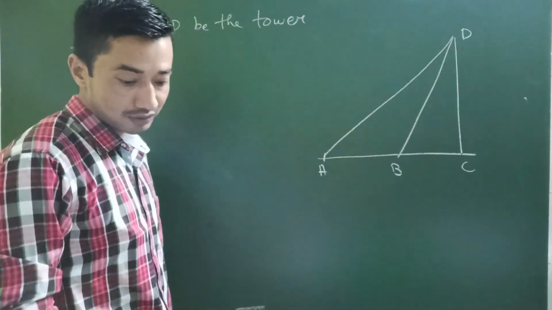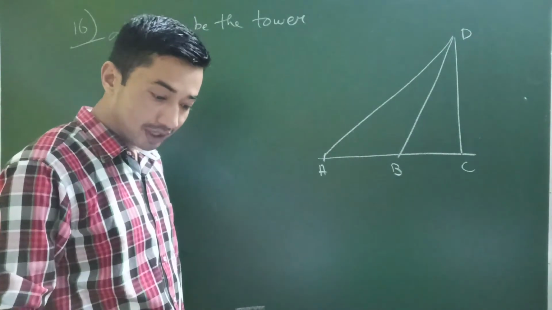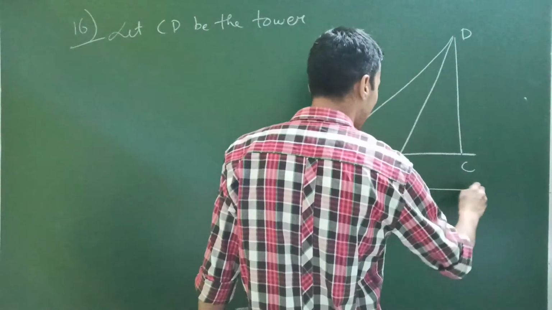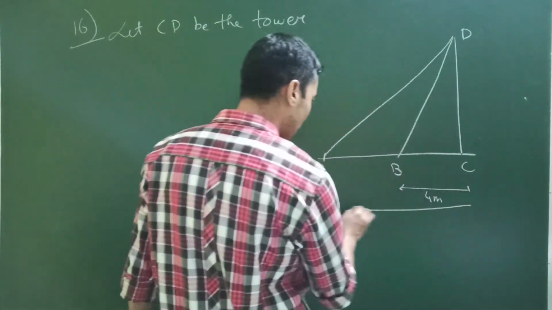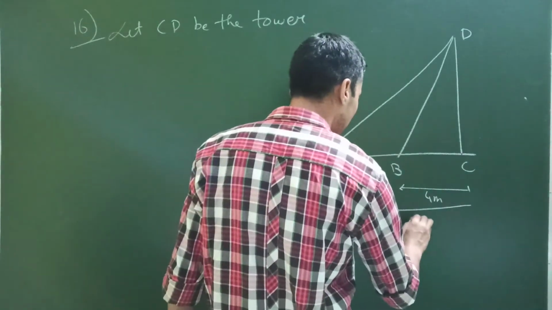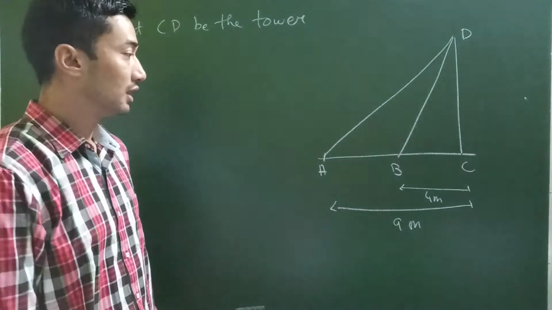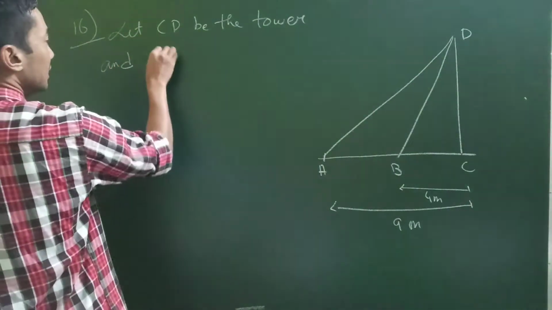So the angle of elevation of the top of the tower is from the 2 points at a distance of 4 meter and 9 meter from the base of the tower. One is 4 meter and the other one is 9 meter. Definitely the one which is farther away is going to be 9 meter.